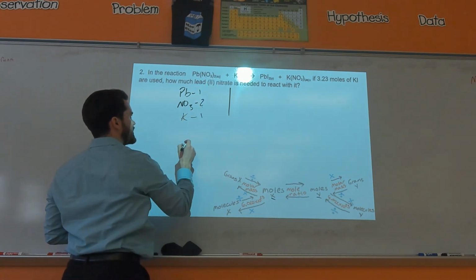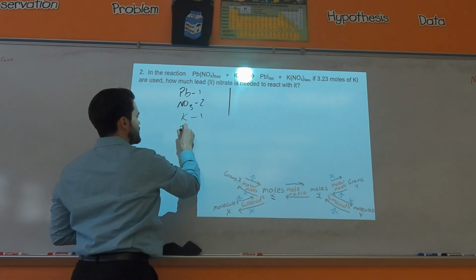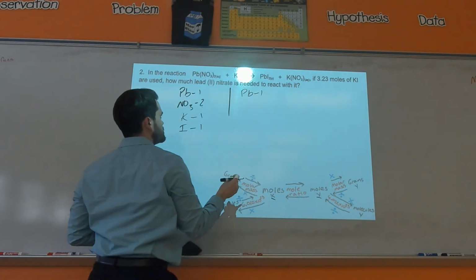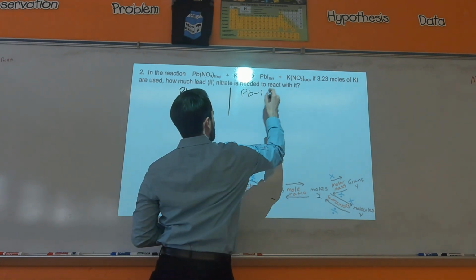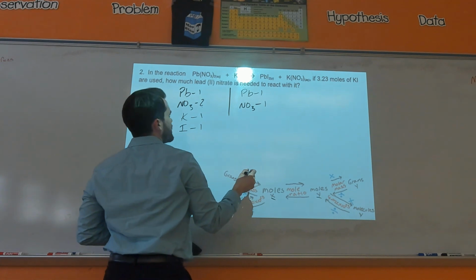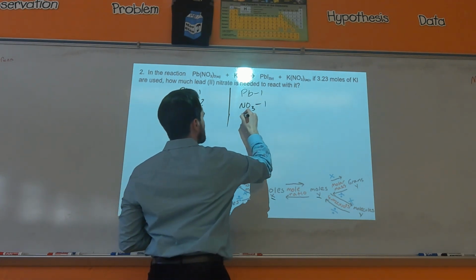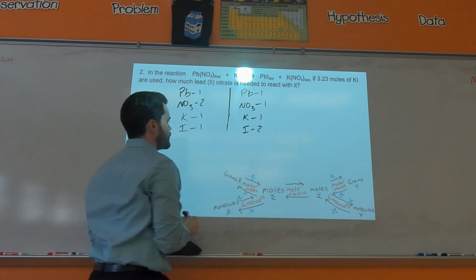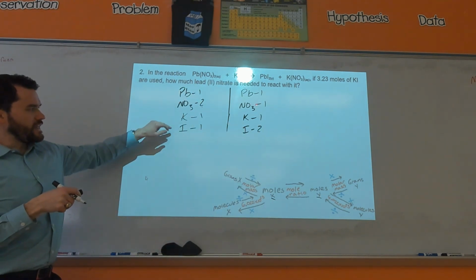You have 1 K and 1 I. In your products, you have 1 lead, 1 NO3, 1 K, and 2 I's. So we need to fix the NO3s and then the I's.